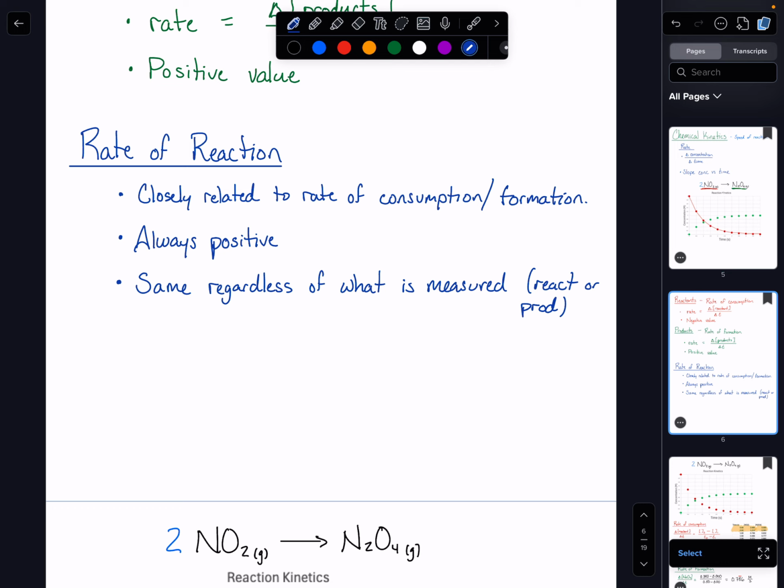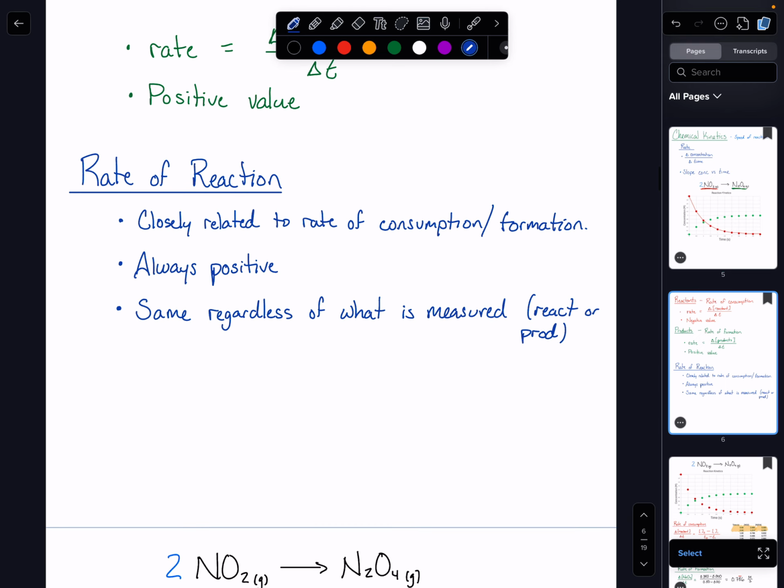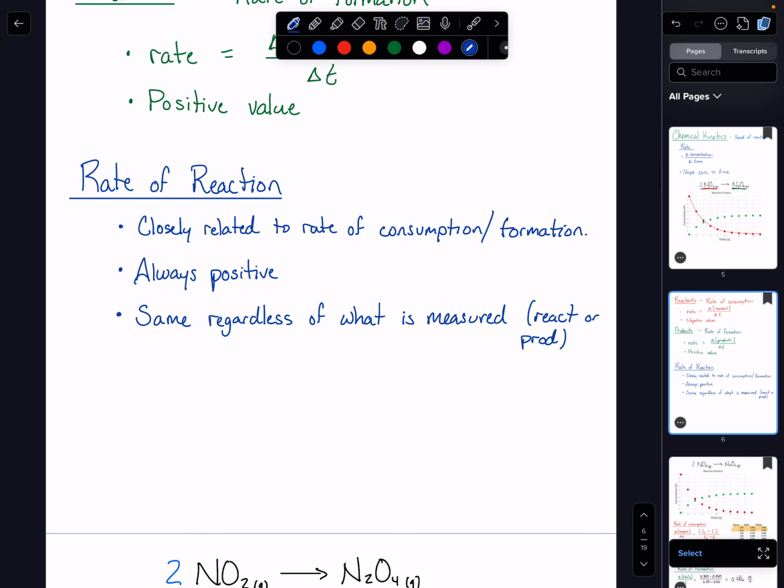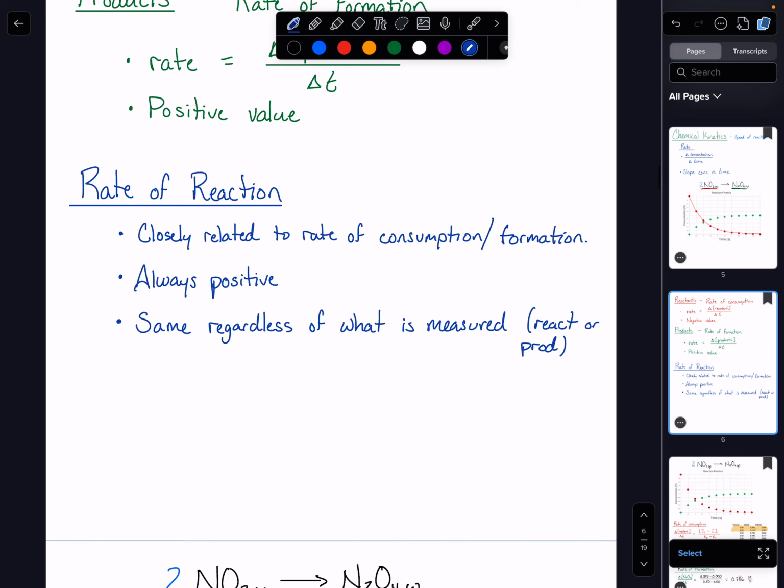I better get the same value for my reaction rate regardless. Okay? In our graph here, we had both plotted, right? We had both the increase in our product concentration and the decrease in our reactant concentration. Sometimes it's way easier to just measure one of the components of a reaction. And we want to make sure that whatever component we measure, we always get that same value for the rate of our reaction.